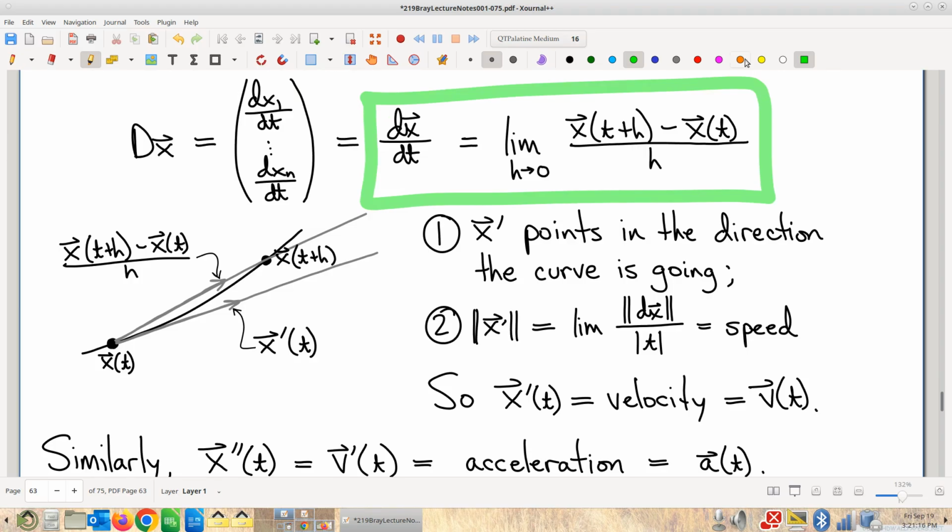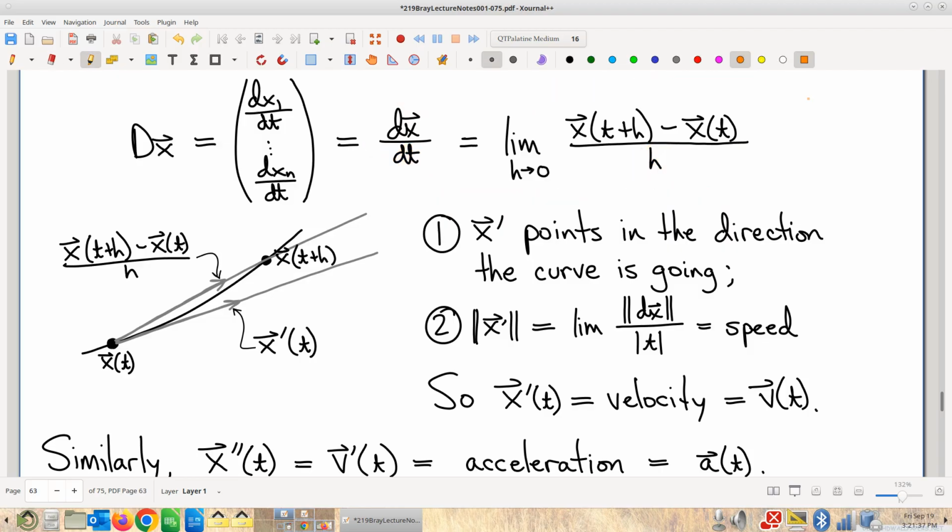When this is a single variable, why can't you talk about the single variable derivative? The only concern is, am I dividing by a vector? That wouldn't make any sense. But no, that's a scalar because it's a single variable. And so there's nothing that goes wrong with this definition.